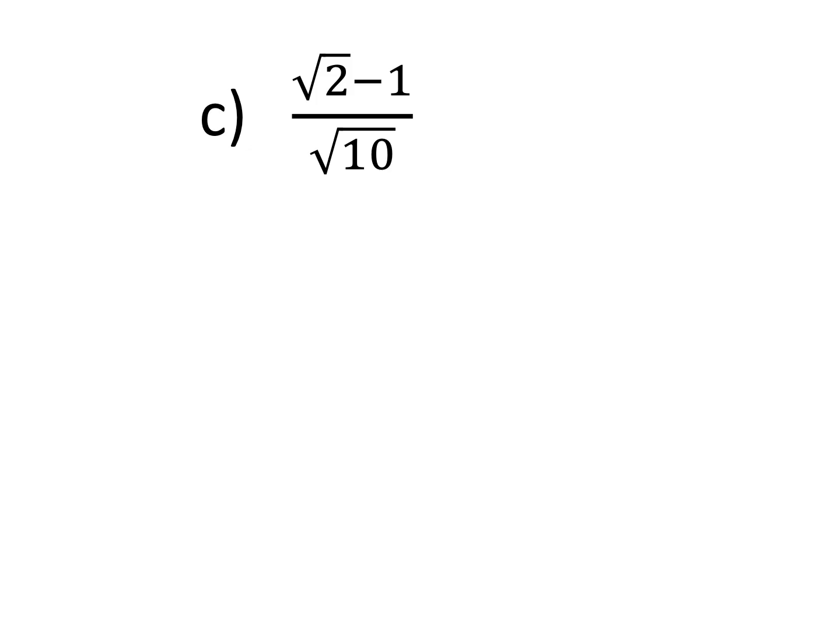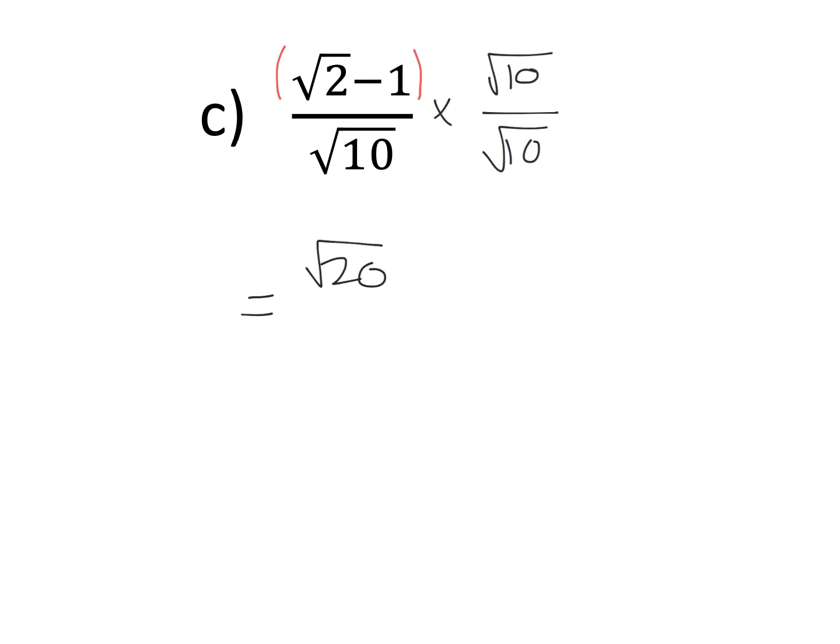Okay, and the third one, the surd on the denominator is root 10, so we'll multiply this by root 10. And suppose that numerator is made up of 2 terms, it's an expression. So we're doing root 10 times root 2, which is root 20, root 2 times 10.